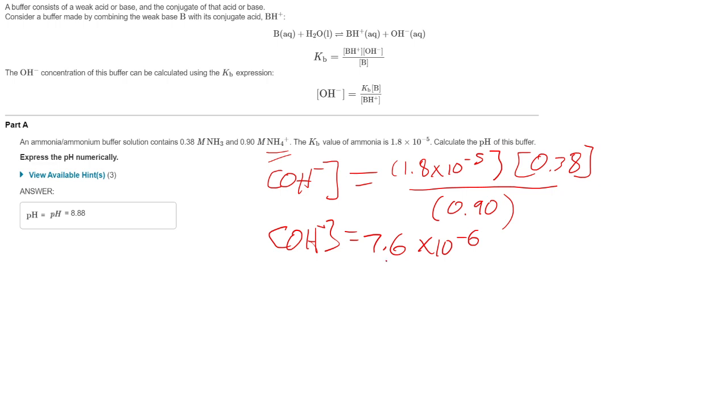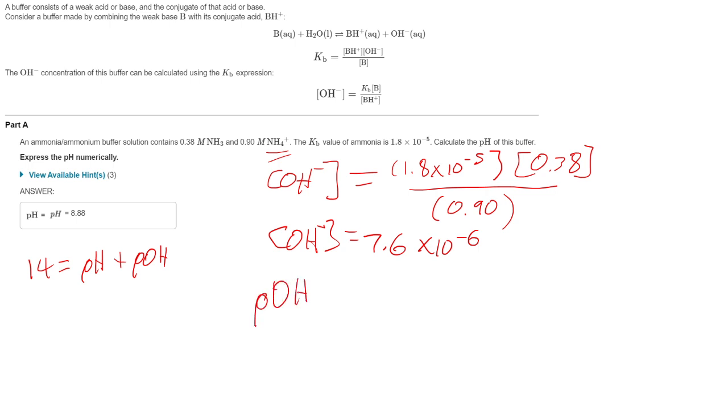Okay, so to do the pH versus pOH, the easiest way to do this is to go into pOH first, okay? Because if you remember, you actually have an equation that's been given to you as 14 equals pH plus pOH, right? And so if we get the pOH, we can just subtract that number off of 14. So it'll be very easy. How do we get the pOH of something?